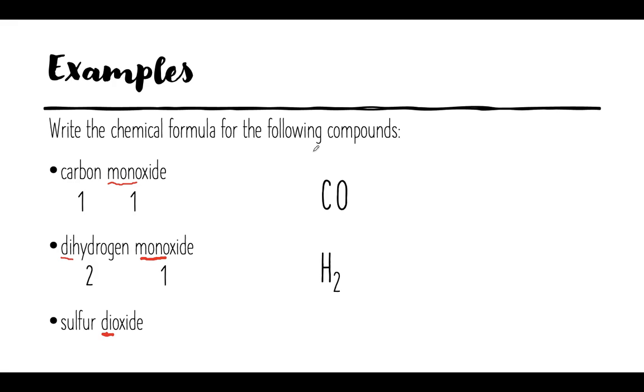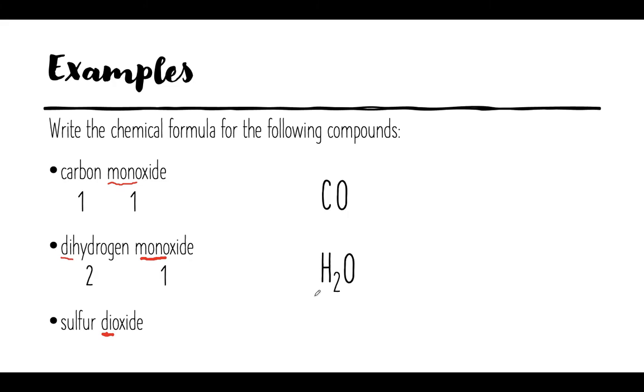Now we don't write a big 2, it's a small 2, just to the right of our symbol. And oxygen is represented by the letter O. The chemical formula for dihydrogen monoxide then is H2O.